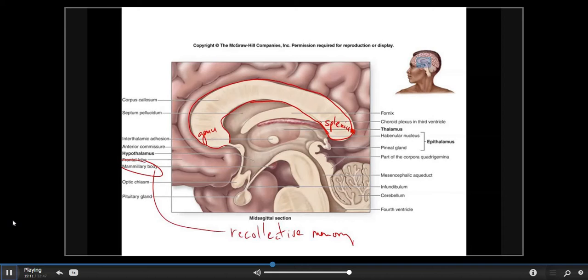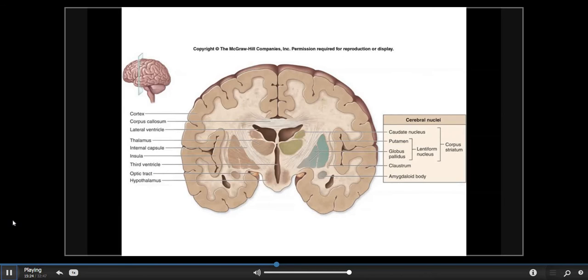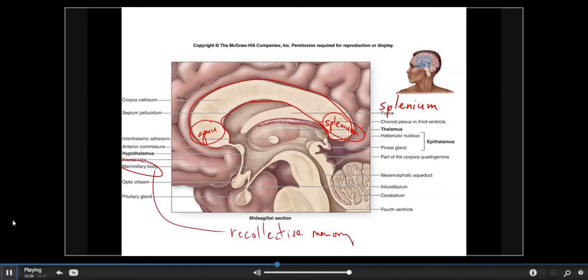All corpus callosum, but you have a genu, anterior part, posterior, splenium. Let me write that out here. Splenium. And here's your little adhesion that connects both sides of the thalamus.